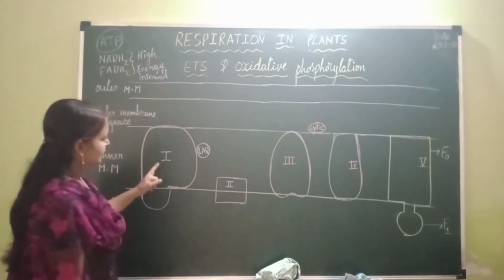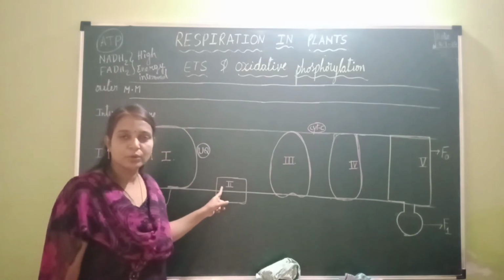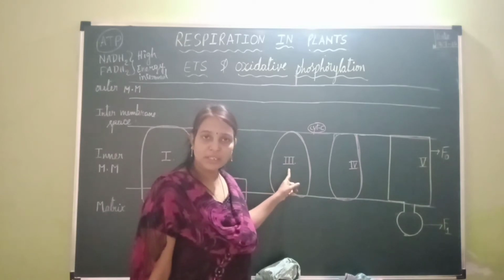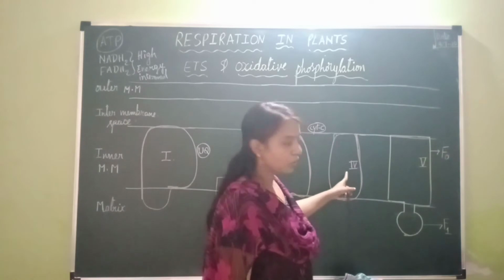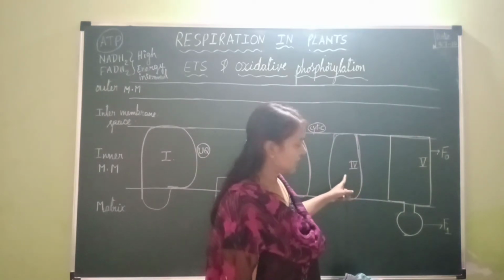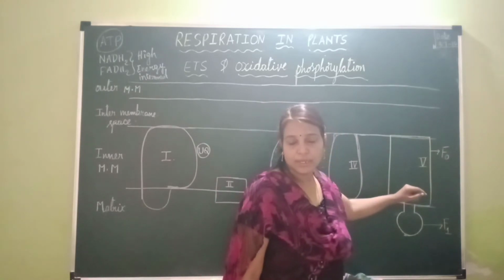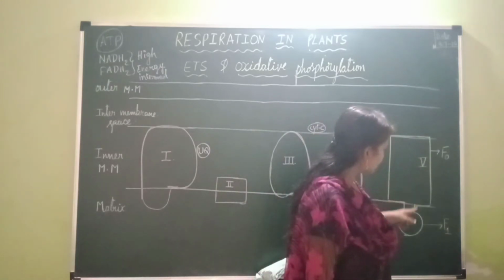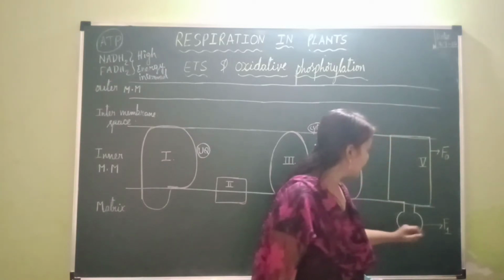This is the first complex, NADH dehydrogenase; the second complex, succinate dehydrogenase or FADH dehydrogenase; the third complex, cytochrome C reductase, also called the cytochrome BC1 complex; and the fourth complex is cytochrome C oxidase, which consists of cytochrome A and A3. The fifth complex is the ATP synthase enzyme, which consists of 2 parts, the F0 particle and the F1 particle.